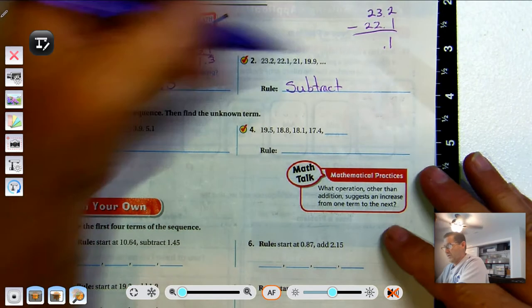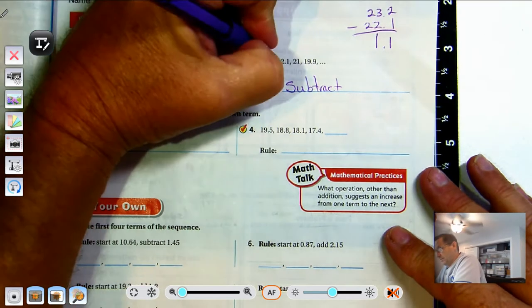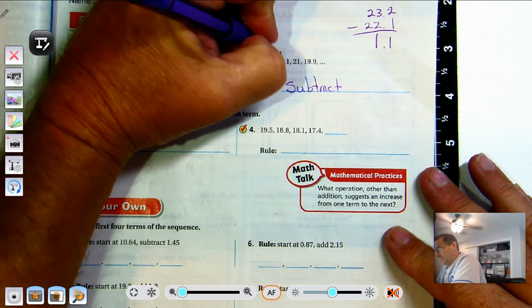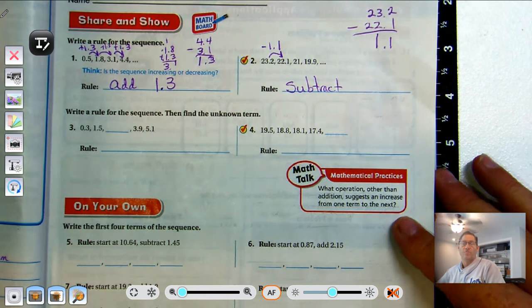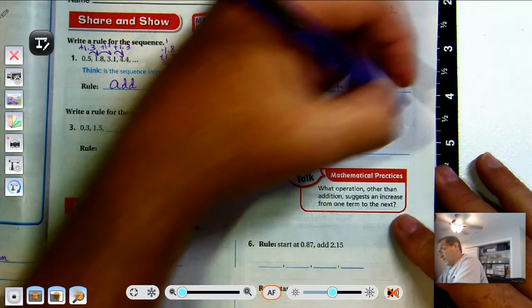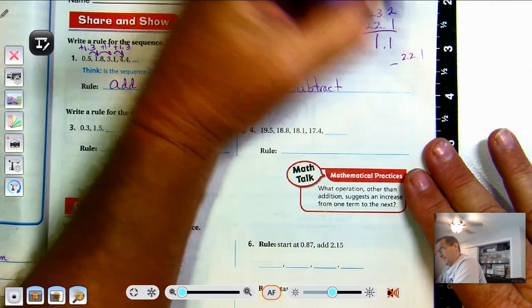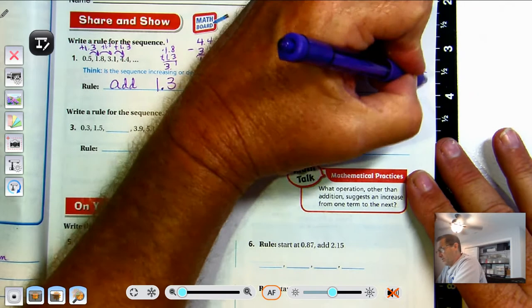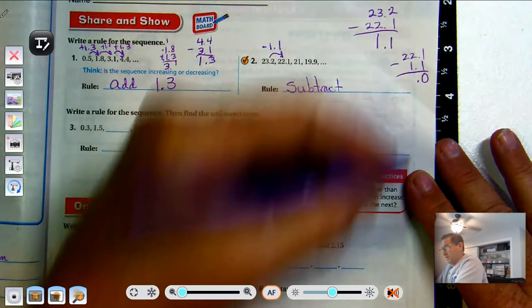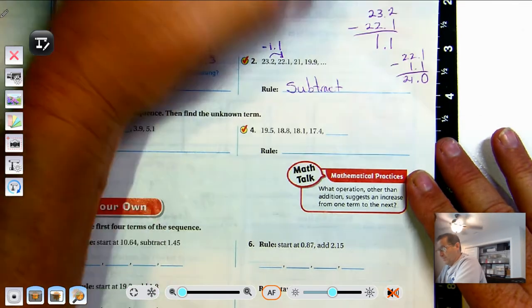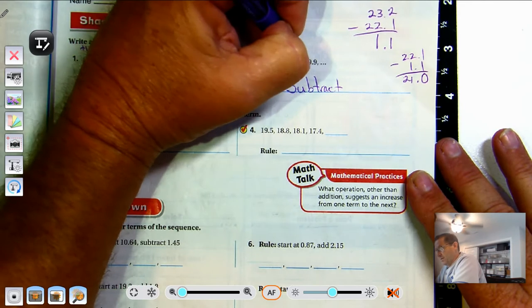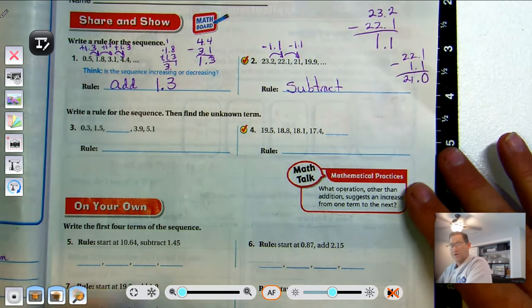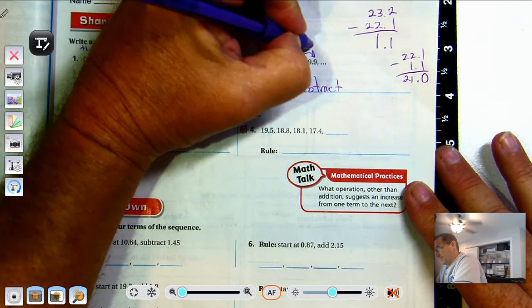And 23 take away 22 is 1. So that is subtract 1.1. 22.1 take away 1.1. 1 tenth take away 1 tenth is 0. 22 take away 1 is 21. So, all right, our rule is subtract 1 and 1 tenth.